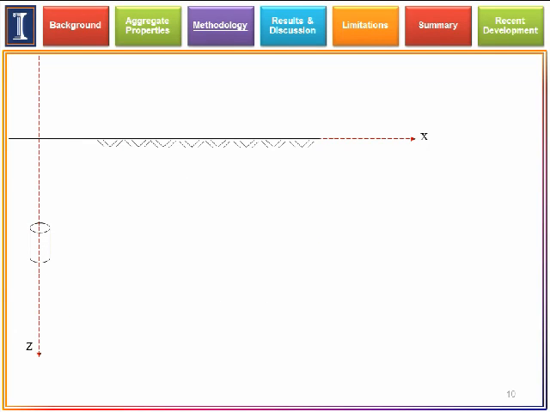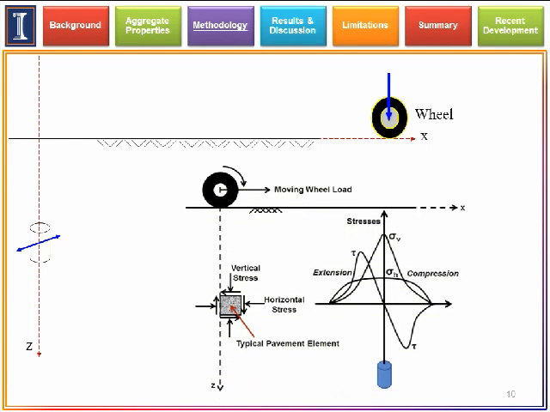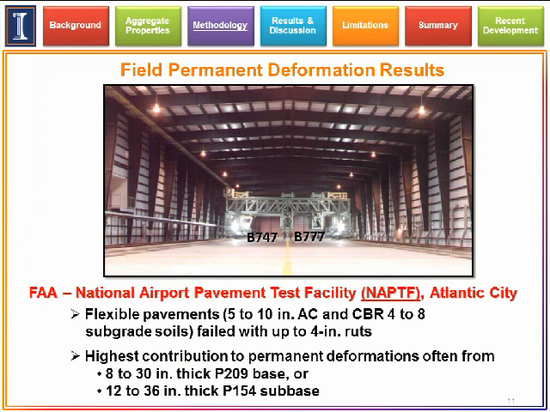Now, if we take a look at this picture, we can see the wheel is moving, as well as the principal stress axis is also rotating, and it is inducing compression-extension type of loading.